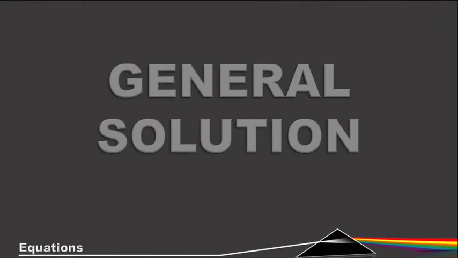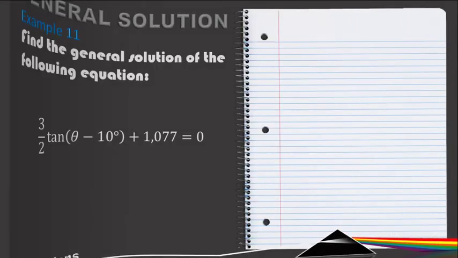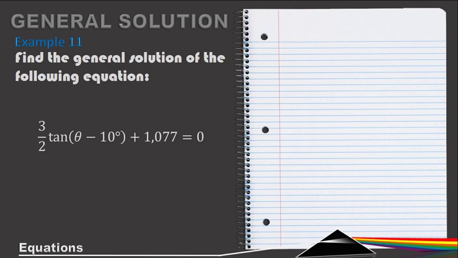We now go on to general solutions. Now for example 11, to find the general solution, before we use QRS, the first thing we need to do is isolate our ratio. That means we need to write this in terms of tan of theta minus 10 degrees. We just follow the normal equation rules.